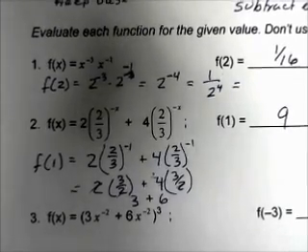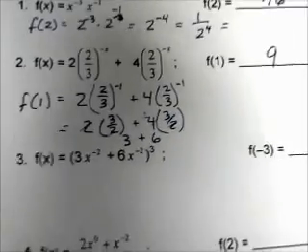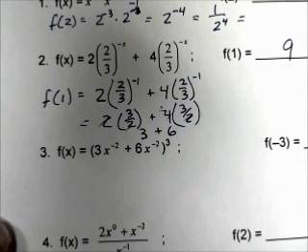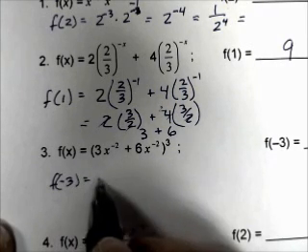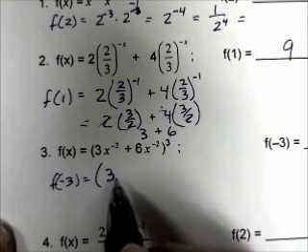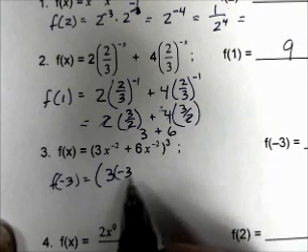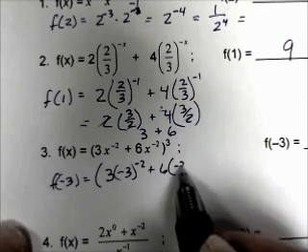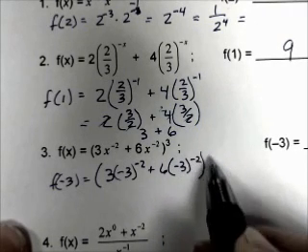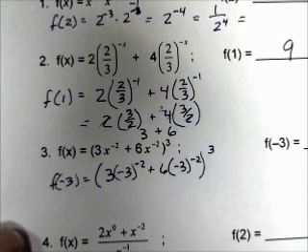Number 3, we're evaluating f of negative 3. All right, so we're replacing our x's with negative 3. So we want 3 times negative 3 raised to the negative 2 plus 6 times negative 3 raised to the negative 2, and the whole thing raised to the 3rd power.